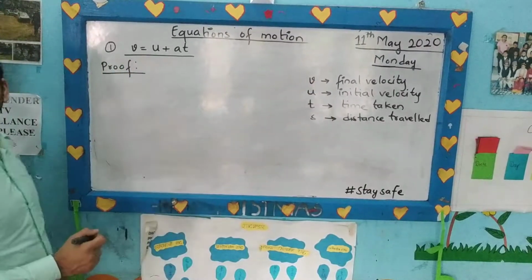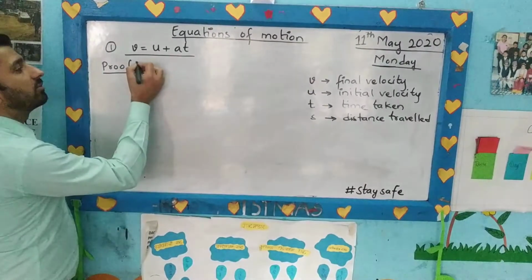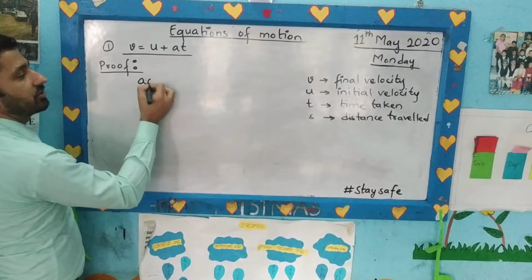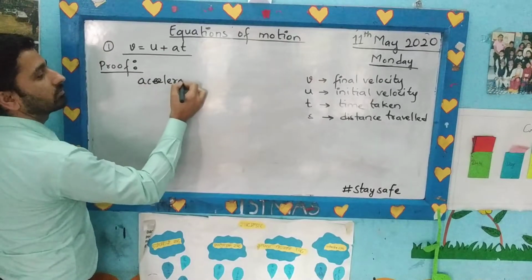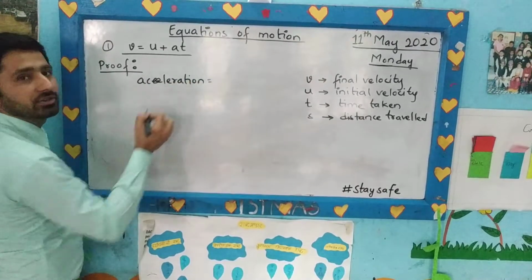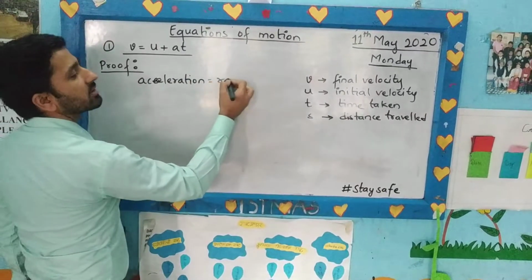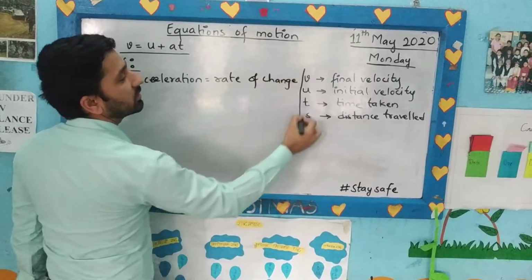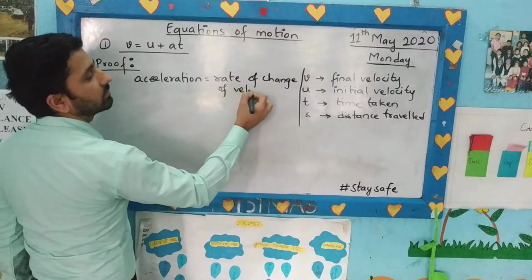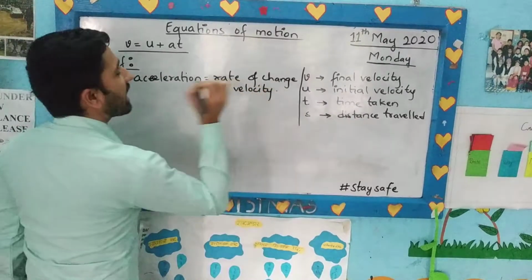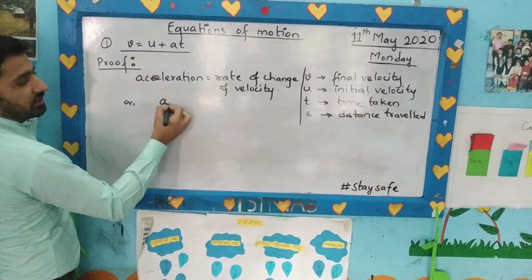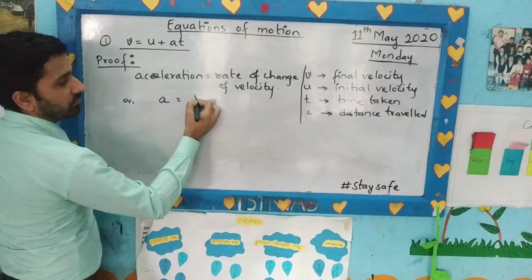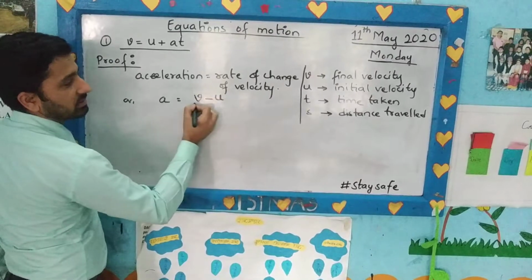According to the definition of acceleration, acceleration is equal to the rate of change of velocity.